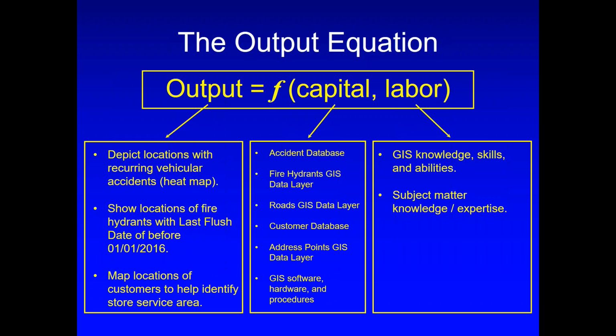You need good software and platforms and procedures to make all of this happen. And of course, over there on the right, the labor aspect of this is reflected. The knowledge, skills, and abilities are critical to making it happen. Also, subject matter expertise is a really good thing to have. If you have overlap between GIS technology and the business that you're serving, you're in a good spot.